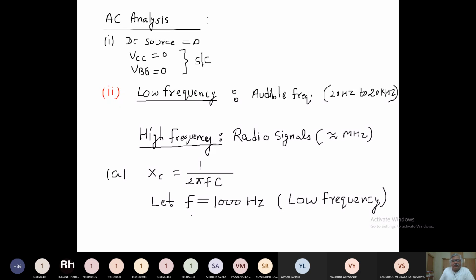And let us also assume we have a capacitor C of value 1 microfarad. Generally in practical circuits, we use capacitors of much higher value, right?